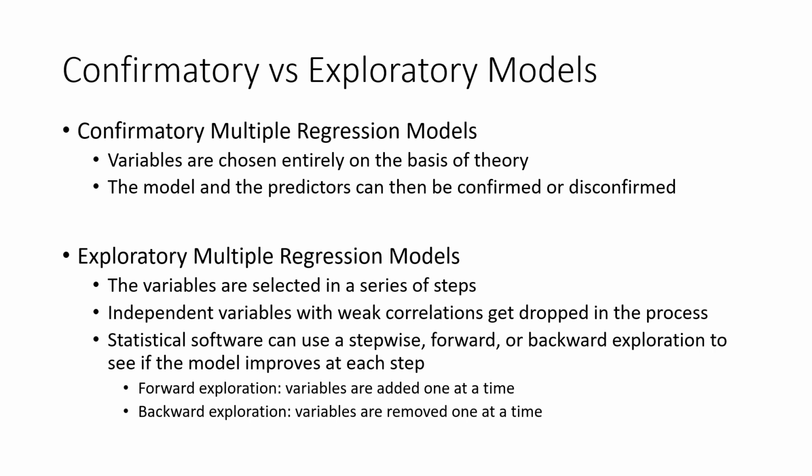So there's stepwise options, forward options, and backward options. And what these do is they run multiple models to explore which model produces the best fit in the final analysis. So when you do forward selection, the model will add variables one at a time, and if a variable doesn't add value, it drops. And using backward elimination, all the variables are included in the first instance, and then it drops them one at a time to see how that impacts the model fit.